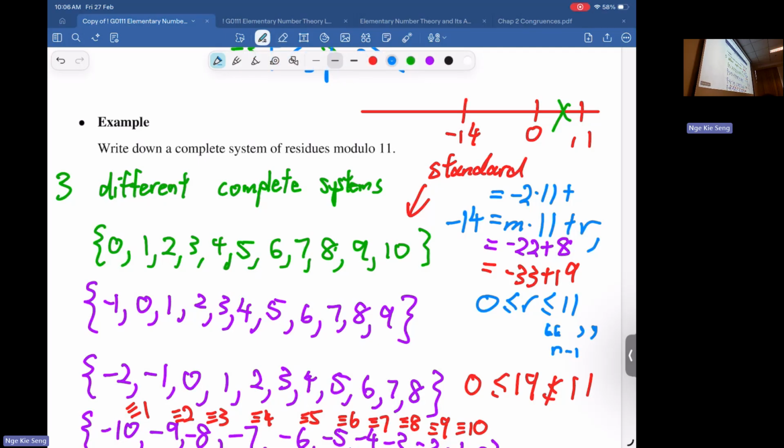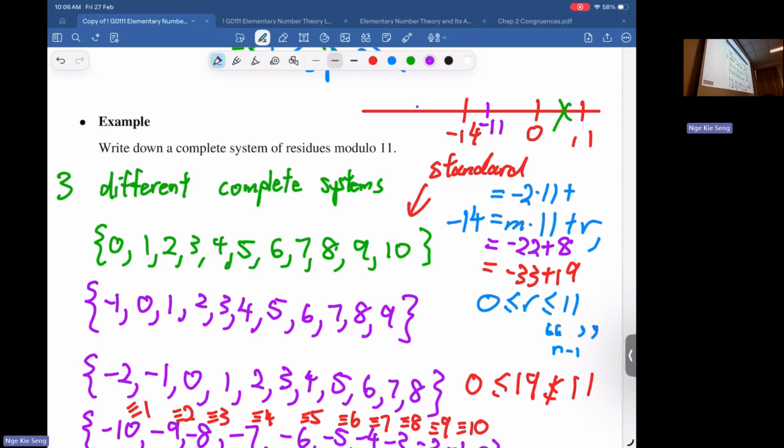Let me draw it for you. Here you've got 11, here minus 11, then minus 22, then minus 33, and on the other side 22. So you are within 11 distance, and you cannot pick too far away. This is the range. This range is 8.